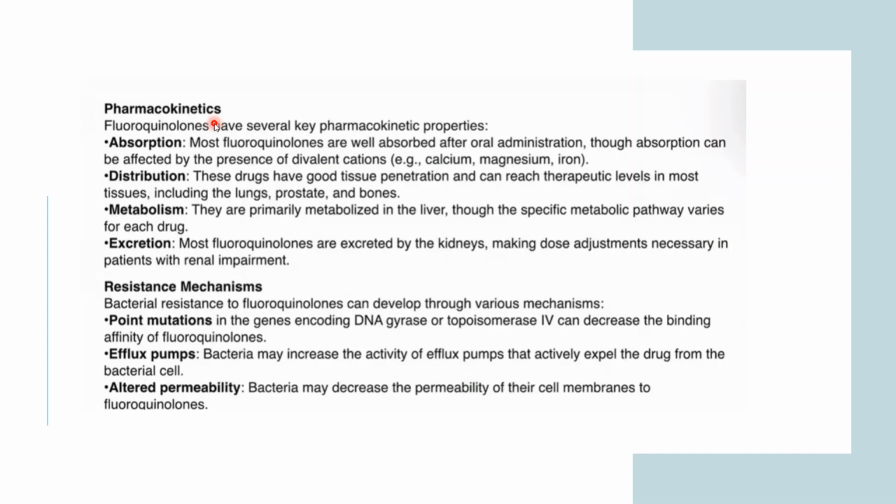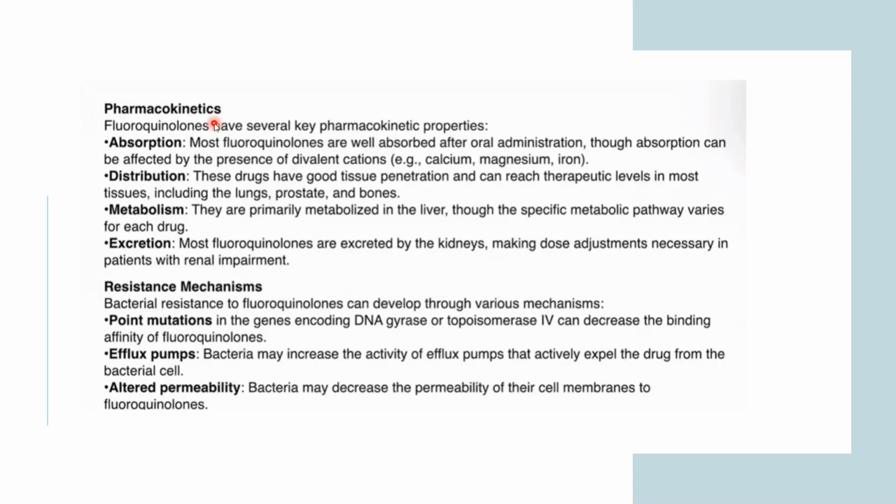They are primarily metabolized in the liver, though the specific metabolic pathway varies for each drug. Most drugs are metabolized in the liver, right? Various drugs have various metabolic pathways, but generally the primary metabolism takes place in the liver.